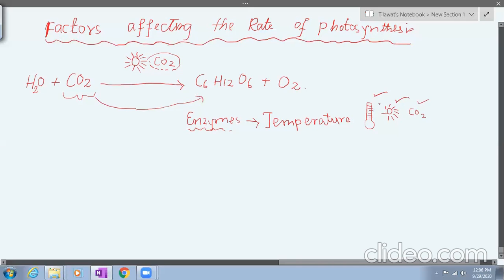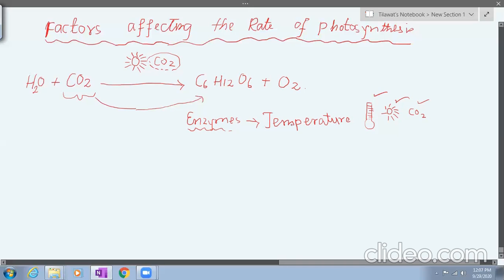These are three main factors that can limit photosynthesis. It means if these factors are restricted, that can decrease or minimize the rate of photosynthesis.